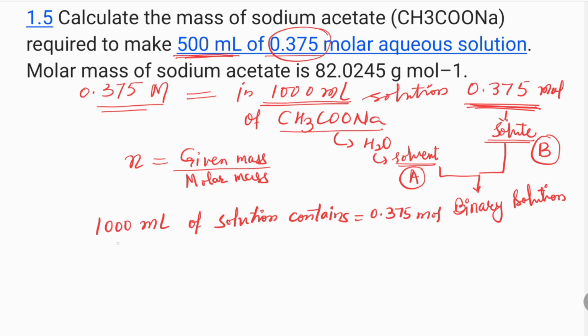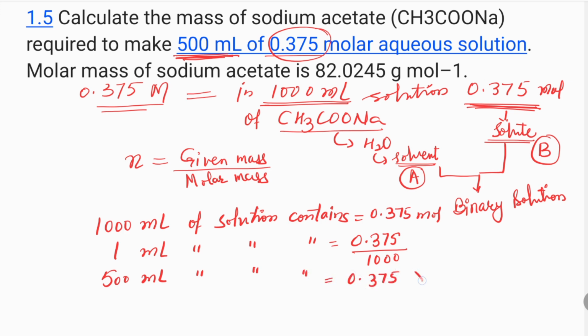So 1 milliliter of solution will contain 0.375 divided by 1000, and we have been asked in 500. So in 500 milliliter of solution, 0.375 multiplied by 500 divided by 1000.